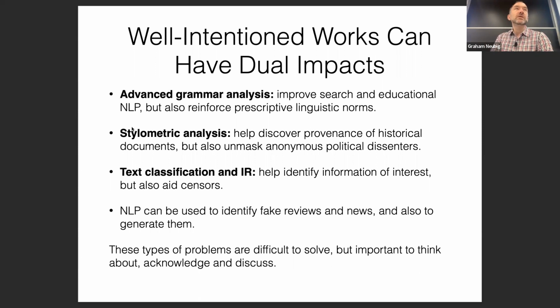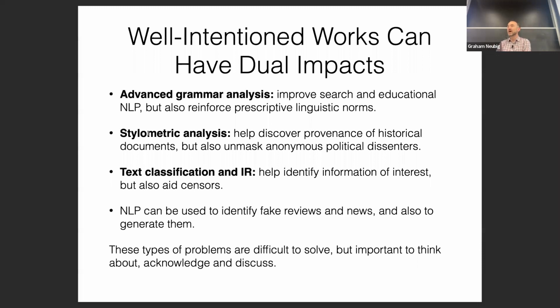Another thing, stylometric analysis can help discover the provenance of historical documents. For example, stylometric analysis identifies the author of a historical document, which can be very interesting from a research perspective, but it could also unmask anonymous political dissenters.